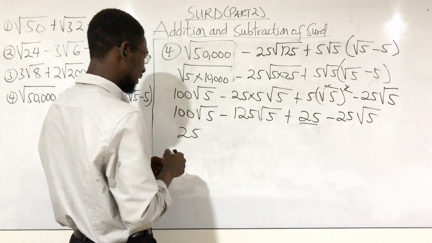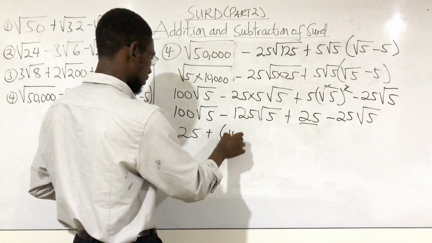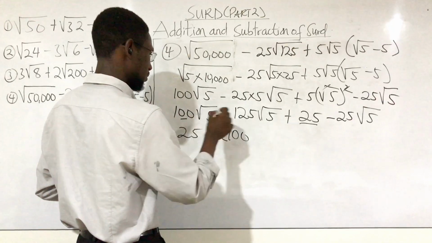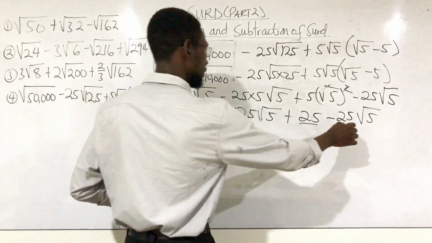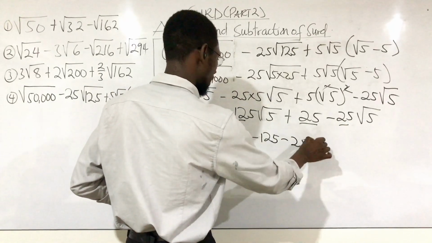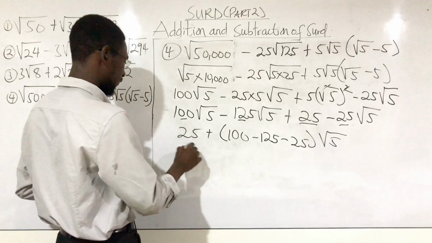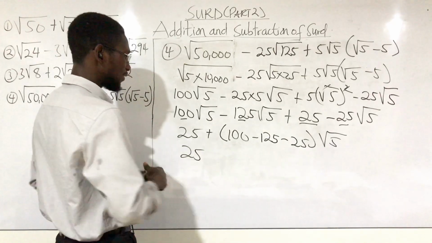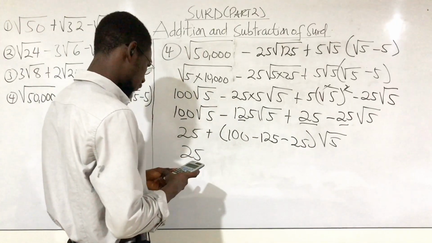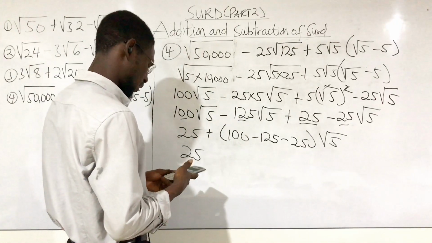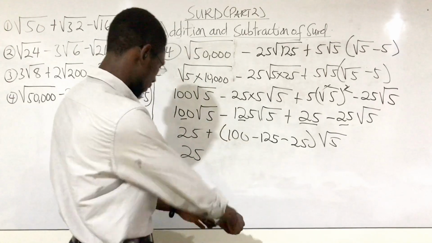Then let's simplify the rest, plus into brackets. I have 100 here, so this is the 100 minus 125, then minus 25, of root 5. So you have 25. Now let's simplify everything over here with the help of a calculator. So 100 minus 125 minus 25. I want to get minus 50.